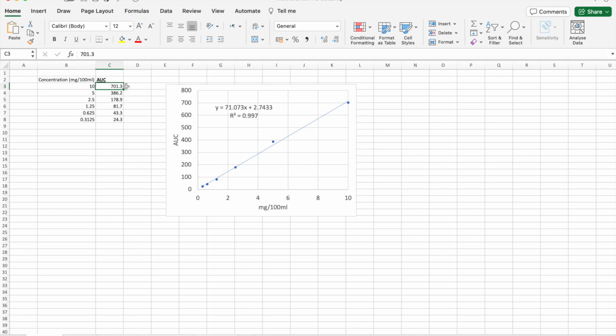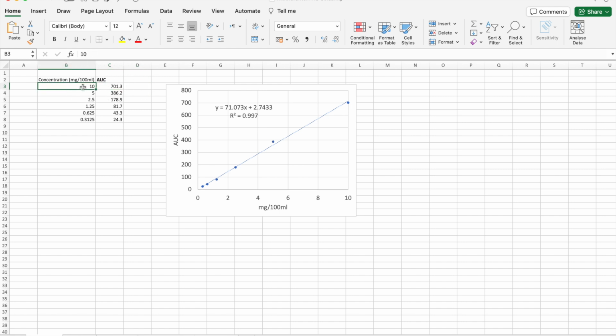And of course, that area under the curve is an unknown quantity. I don't know what that means, and I want to translate that area under the curve value into a known quantity. In this example, I'm transforming that experimental value of area under the curve to concentration.